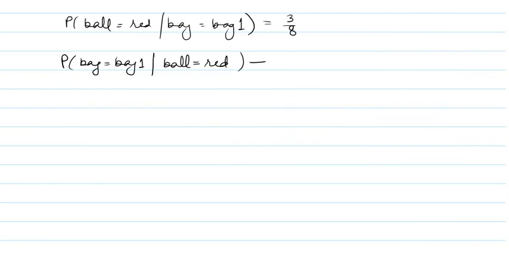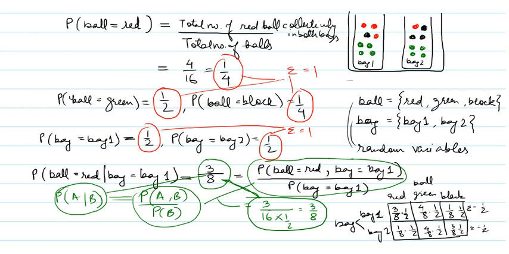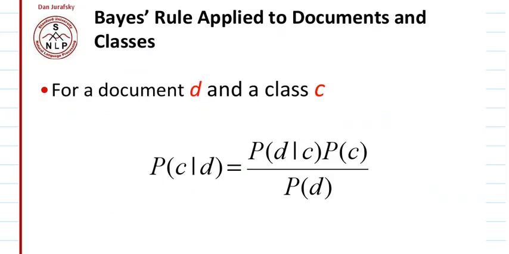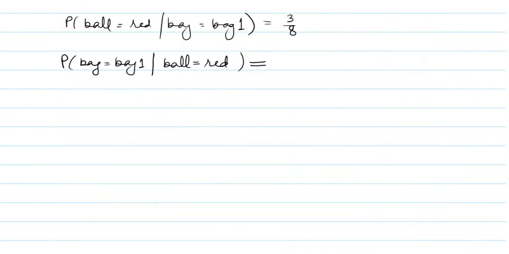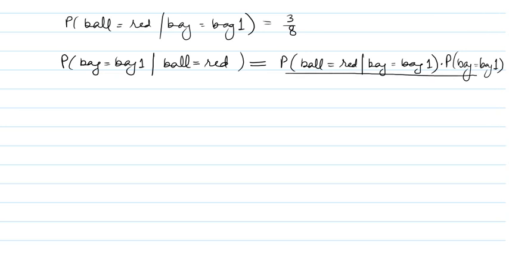This can be calculated with the help of the Bayes formula, not this one, sorry, this Bayes formula. So I write it as P of ball is equal to red given that bag is equal to bag 1, multiplied by the probability of bag is equal to bag 1, divided by the probability of ball is equal to red.